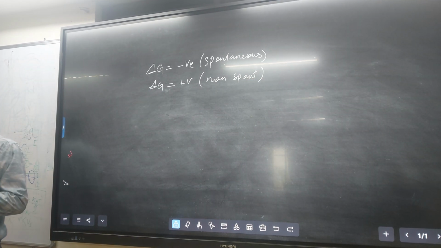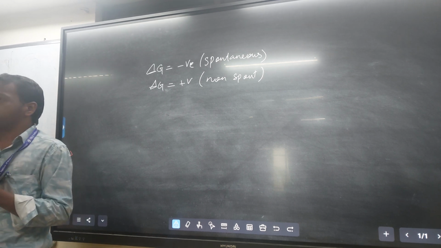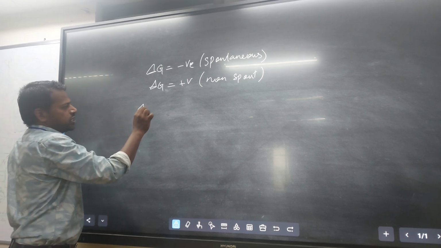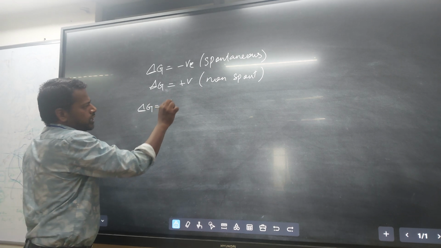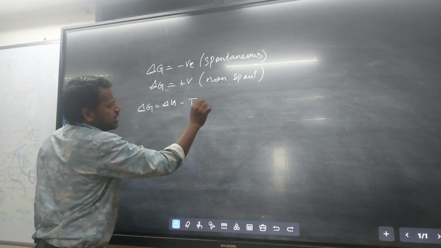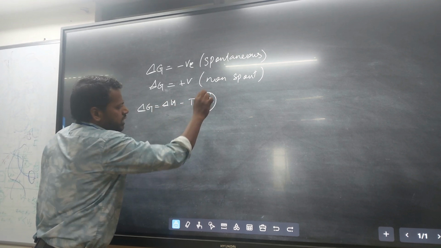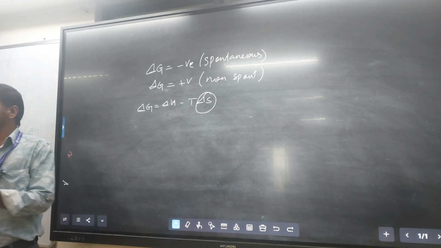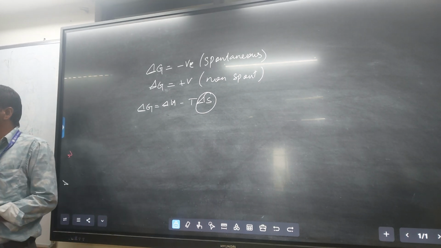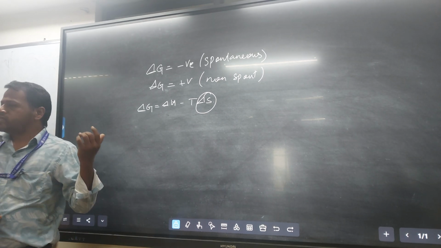Now, when delta G is negative, what happens in the case of delta S? You know from the equation delta G equal to delta H minus T delta S that when delta S is positive, your delta G is negative.